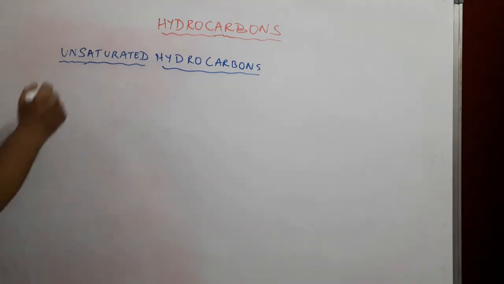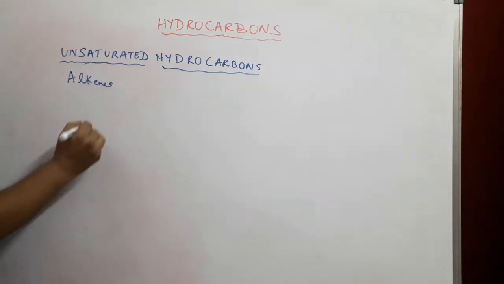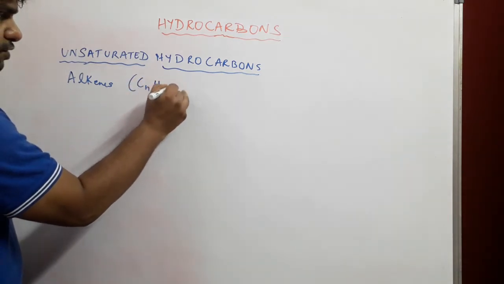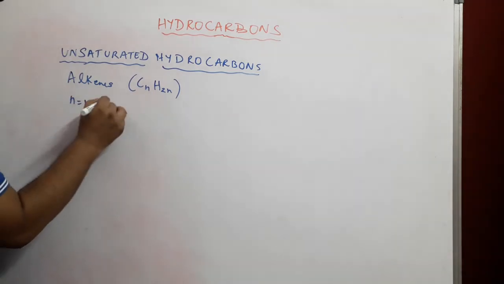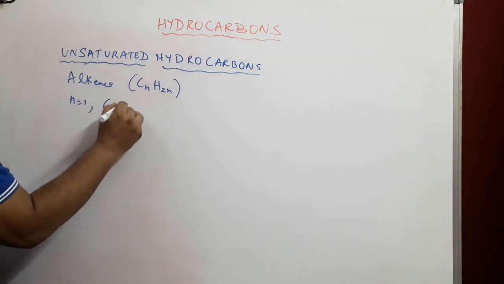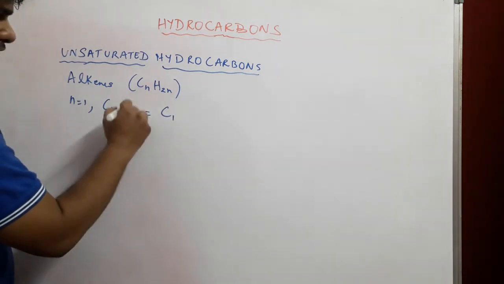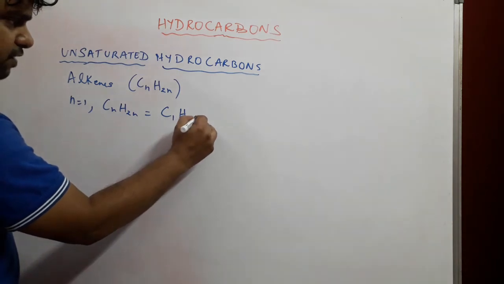So you have alkenes, the ones with double bonds. It has a general formula CnH2n. So if we take n equal to 1 and put it in this formula CnH2n, let's see what we get. In place of n, 1 will come, and in place of n, 1 will come again.